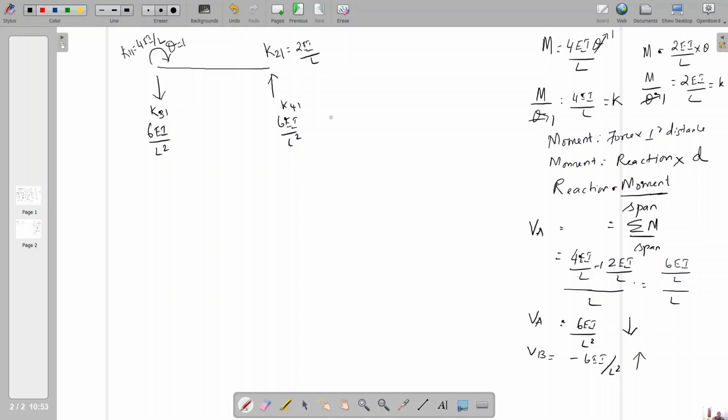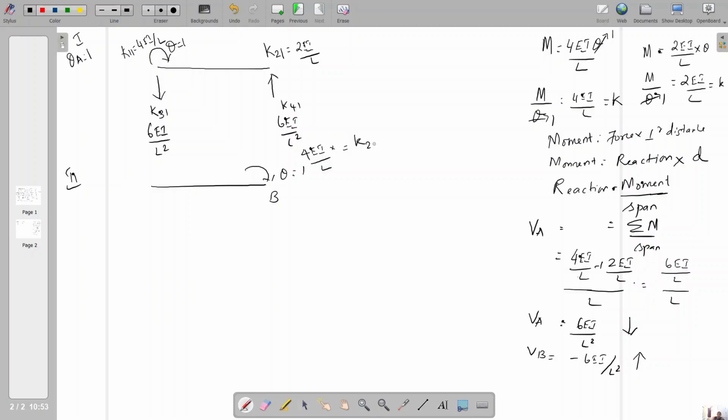We have calculated all the stiffness coefficients by applying theta A equal to 1. So this is the first subdivision. Second subdivision, similarly, you can apply here theta equal to 1. So at B point, there will be a moment 4EI by L into theta, so theta equal to 1.